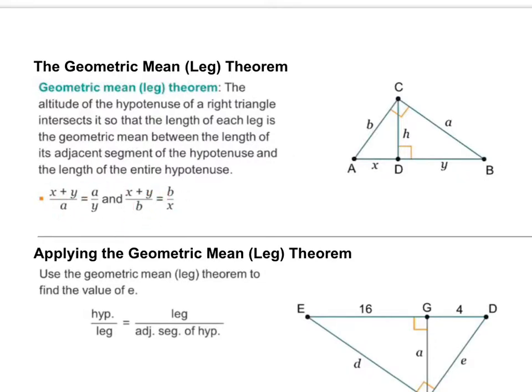Let's take a look and see what this says. If I take the length x plus y, which is the hypotenuse of my big triangle, and then look at the length of A, which is the longer leg that I have, I'm going to highlight that in blue.